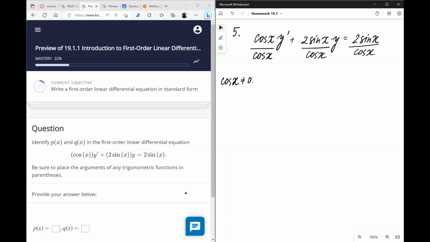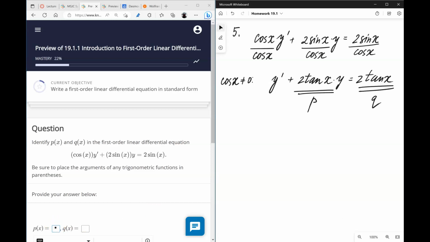So as a result, we get y prime plus 2 tangent x times y is equal to 2 tangent x. So this is what we will refer to as p, and this is what we will refer to as q. So this is 2 tangent x, and this is also 2 tangent x. What a coincidence.